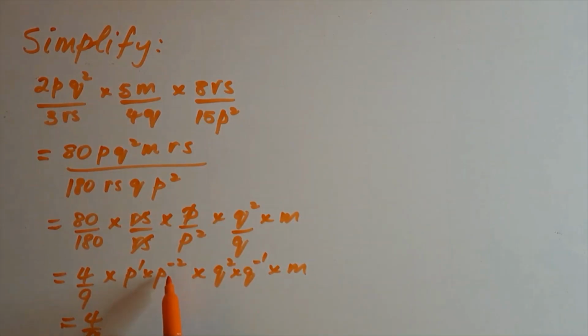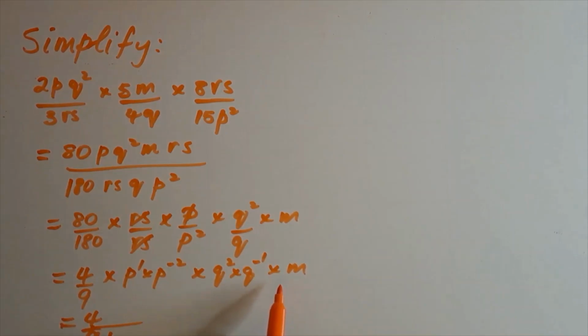This will give us p to the minus 1, which will take us into the denominator to make it p raised to the 1 power, or the first power. We'll have m in the numerator along with q, because this is q to minus 1, which is q to the first power, q to 1, which is q. So we have q, m.